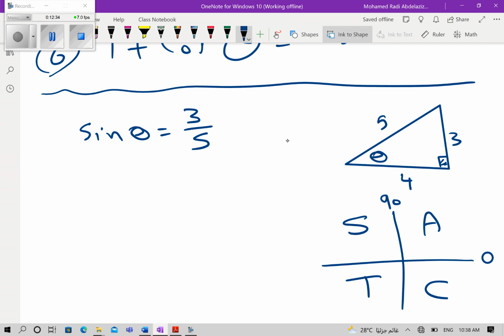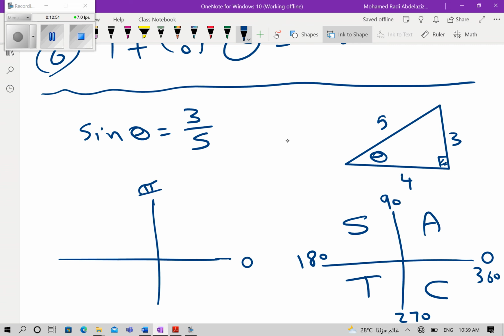Second quadrant from 90 to 180. Third, 270. Fourth, 360. You can write it by using radians. 0, 90 in radians is pi over 2, you can write half pi. Pi, 3 pi over 2 and 2 pi.